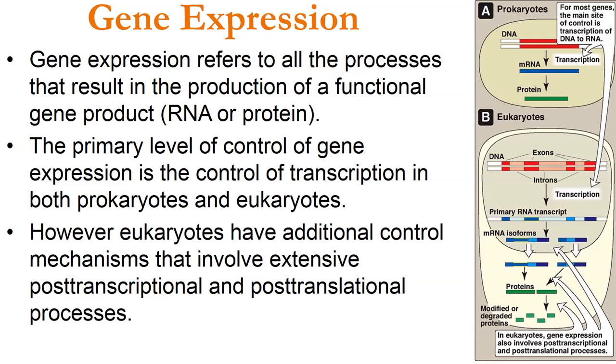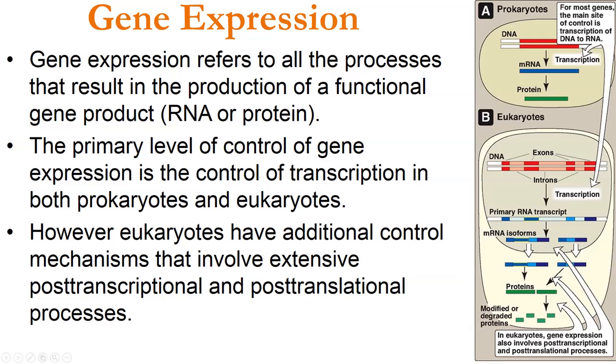But the primary level of the control of gene expression is going to be at the level of transcription, so whether or not and how much messenger RNA we make for a particular gene. There are certainly other ways we can influence it, and we'll see a few of those, but the primary one is controlling how much mRNA we make. That happens in both prokaryotes and eukaryotes.